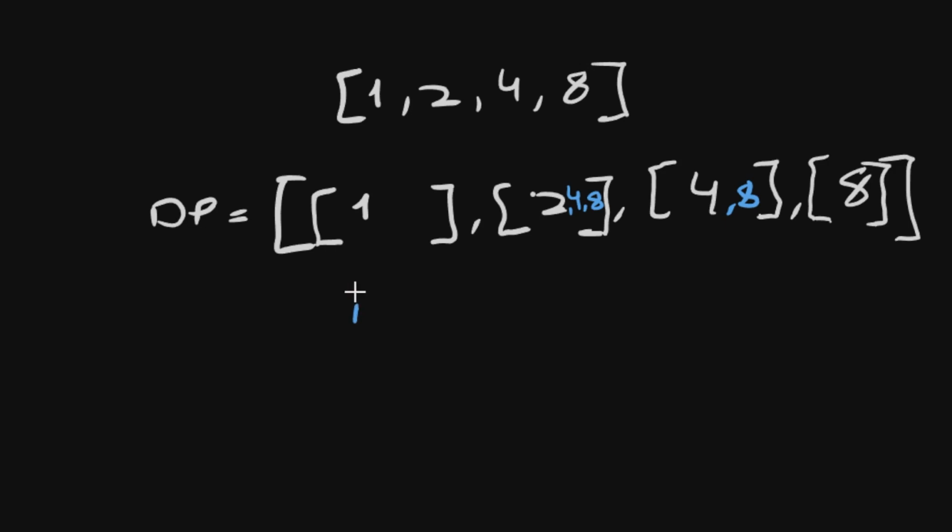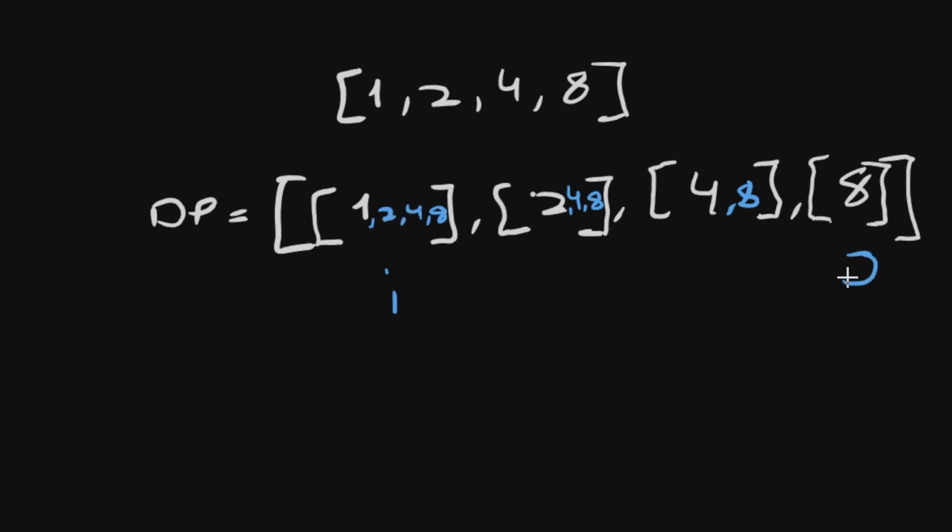Now the i pointer is here, j pointer is here. 2 modded by 1 is 0, so here we'll get 1, 2, 4, 8, and we continue. Now the j pointer is here. We are checking if 4 modded by 1 is 0, which it is, so here we'll get 1, 4, and 8, which has a smaller length than our current array, so we continue.